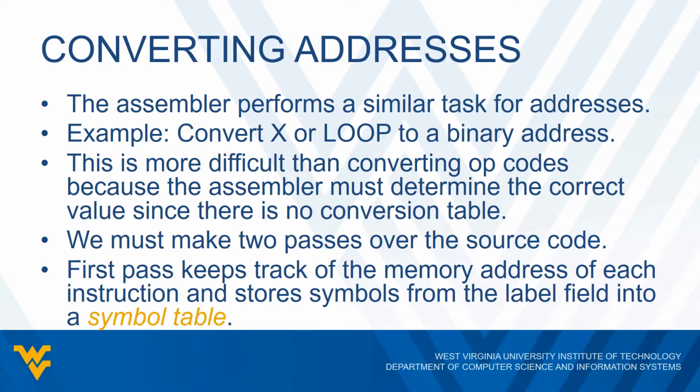And it does this by knowing where the program begins in memory and knowing how many memory cells are required to store each machine language instruction or piece of data. It will also determine whether there is a symbol in the label field of that instruction. And if so, it's going to enter the symbol and the address of the instruction into a special table that we're building during this whole process, which is what we call the symbol table.